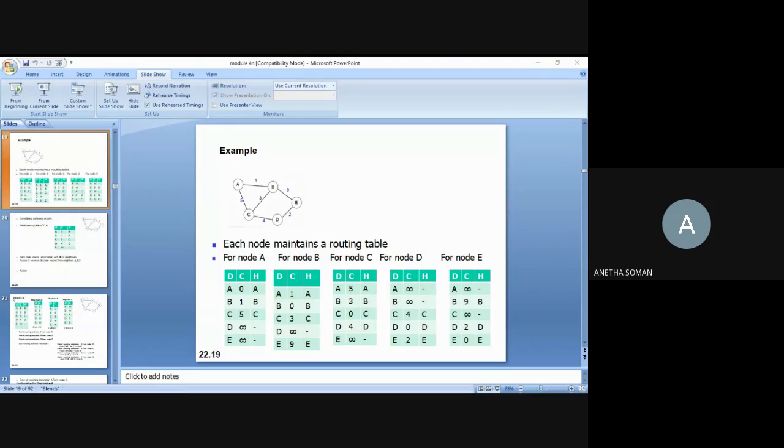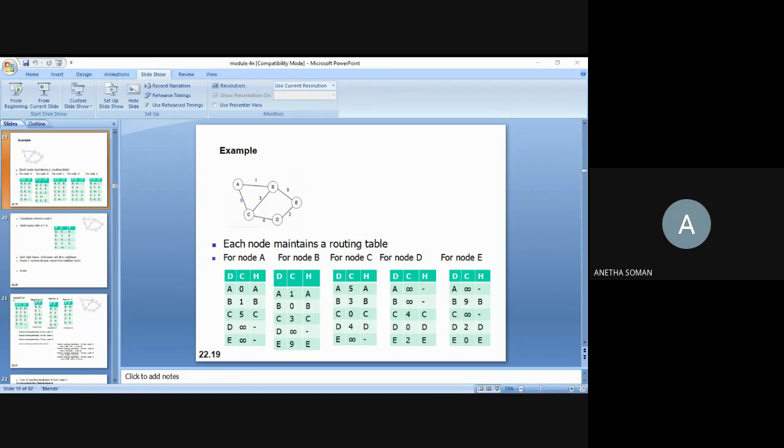Everybody got that answer? It is A1A, B0B, C3C, D7C, and E9E. So others, did you get it? Karthik, yes, miss.